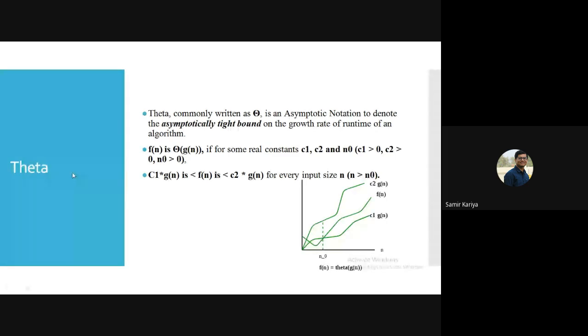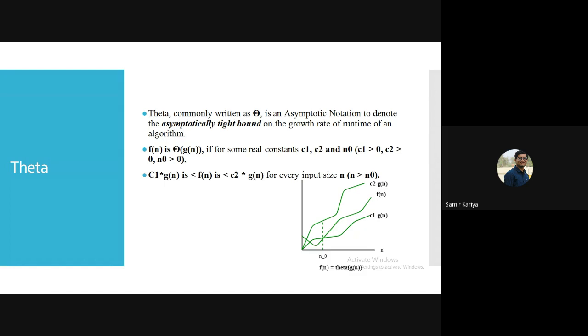For example, f of n is theta of g of n for some real constants c1 and c2, and n0 is a positive constant. c1 into g of n is less than f of n, which is less than c2 into g of n, for every input size n greater than n0.